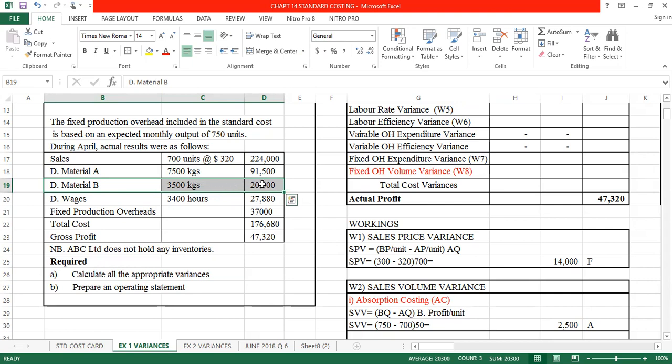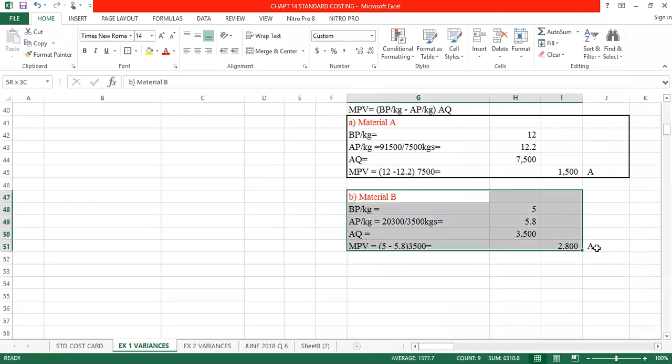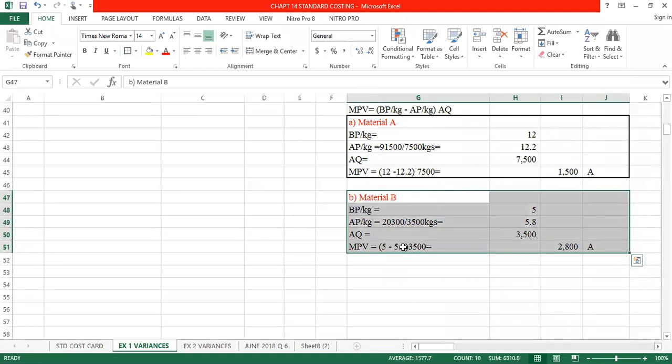So when you divide this by that, it gives you the actual price per kg. So here, is it A or F? I believe it is A, because we spent more than what we had budgeted for. So it is A. That is again material price variance.